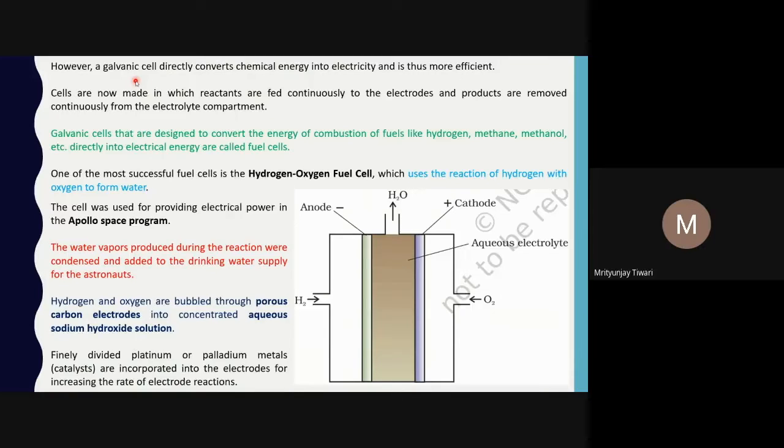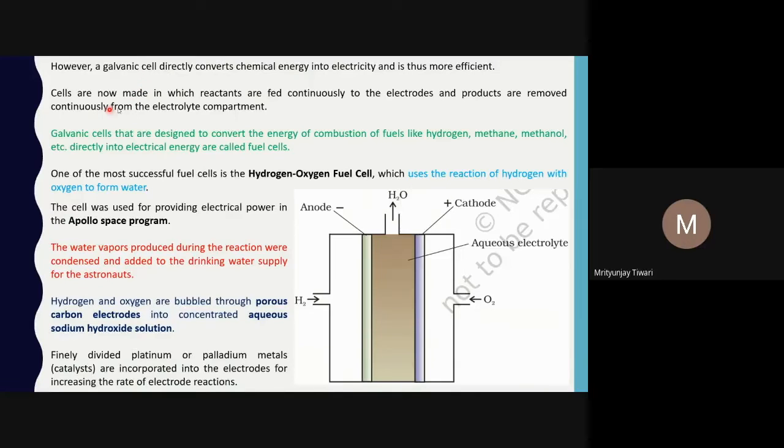So in thermal plants, the chemical energy we first convert into heat, and from the heat energy we further convert into electrical energy. However, in the cells, we directly convert chemical energy into electricity. So whether you convert chemical energy to heat and then heat to electricity, or just convert chemical energy directly into electrical energy, definitely the second process will be more efficient.